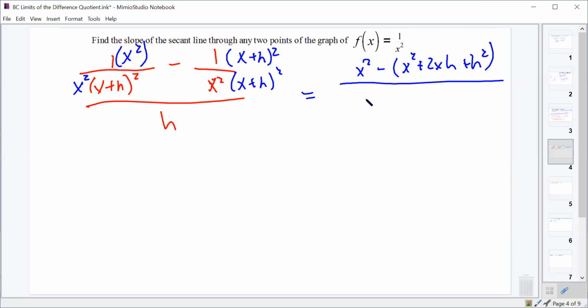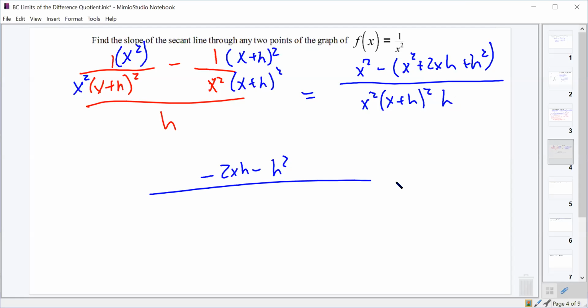And in the denominator, we've got x squared and we've got x plus h squared. And then that's all over h. But if I make this h as an h over 1 and multiply by the reciprocal, that h just goes into the denominator also. So then we'll subtract. The x squared minus the x squared will cancel out. And we're just left with a negative 2xh minus h squared over x squared times x plus h squared times h.